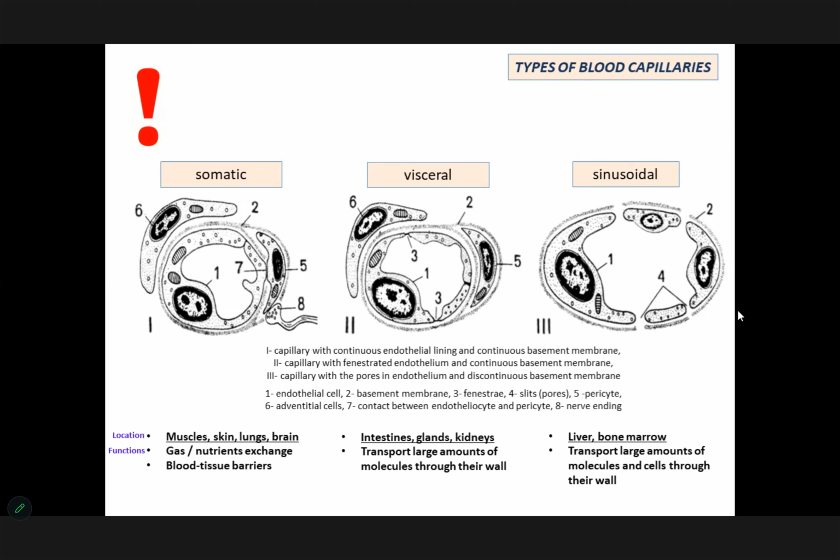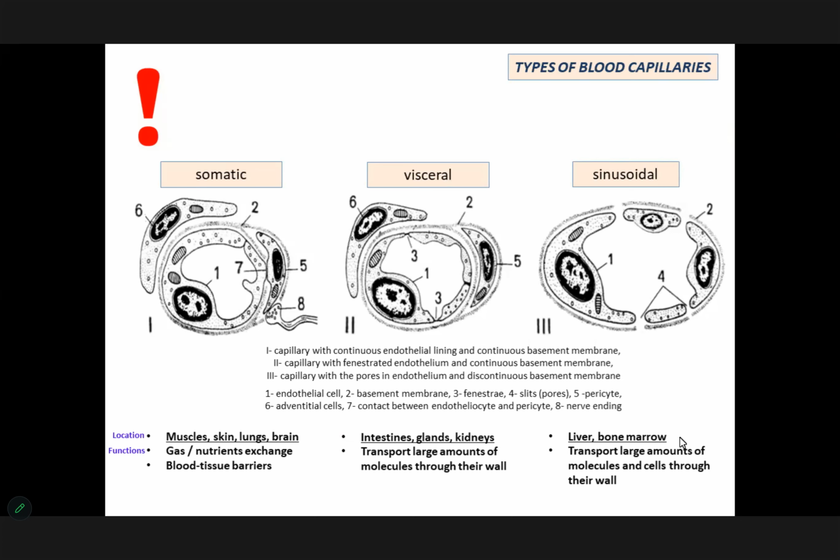Where we need such capillaries with holes, in some places where we need not only large molecules but also the whole cells to pass through their walls.